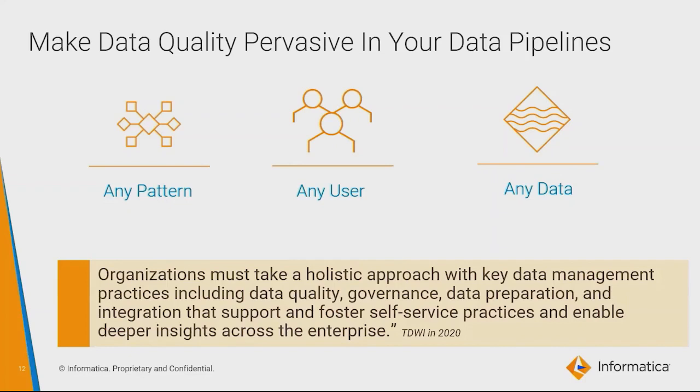Extend to all stakeholders, data domains, projects, and applications, regardless of where the data resides, whether on-premises or in the cloud. And for the non-technical group of users, organizations need to provide self-service data quality tools for data integration pipelines or other data management initiatives.